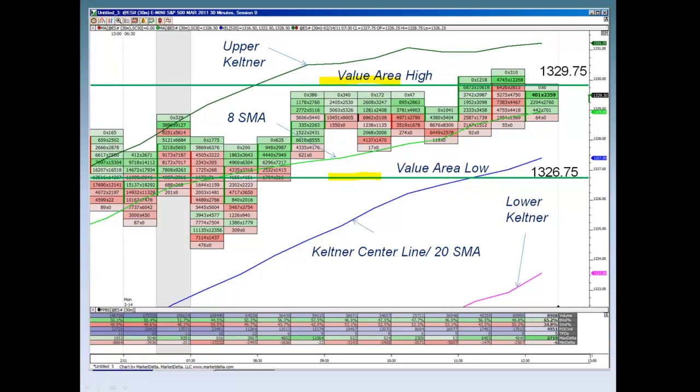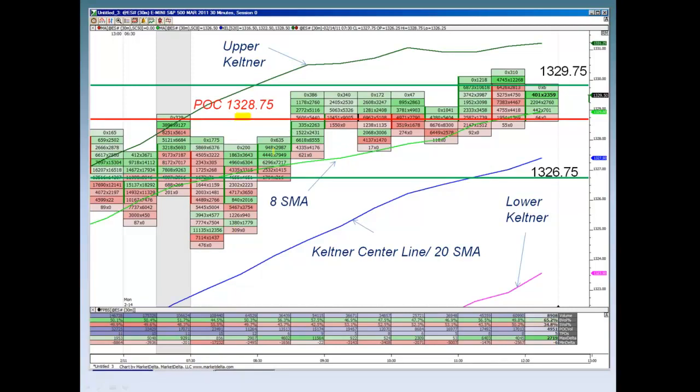Not only that, it will also allow you to add the POC. Not only that, you can have, if you want it, the current day's value area low and the value area high and the POC and the prior day. And as we've learned from our prior lessons, that relationship is very important to look at to see where price is relative to the prior day's value area.